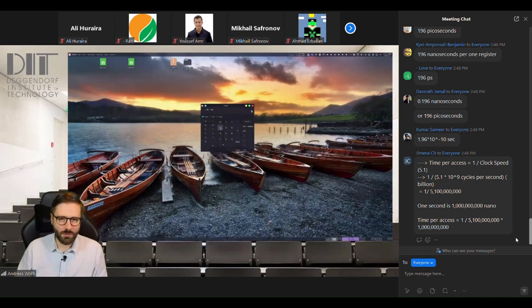It's rather small, but if I calculate 1 over 5.1, then I get an answer of 0.19607 and so on.